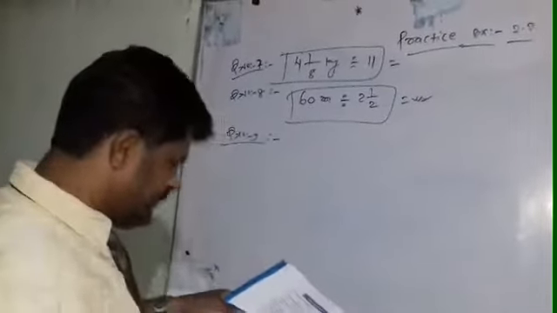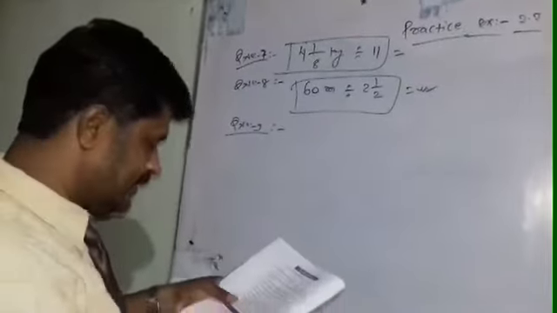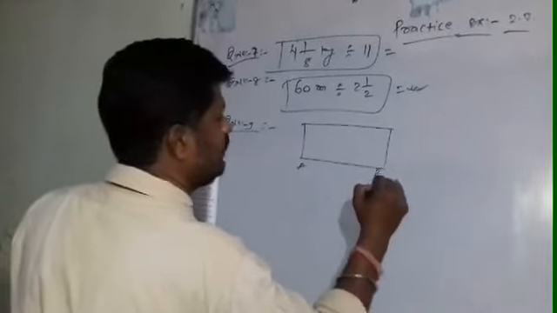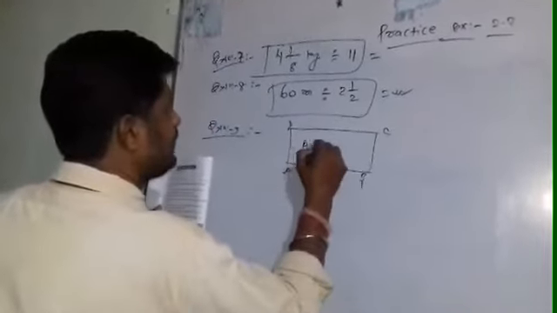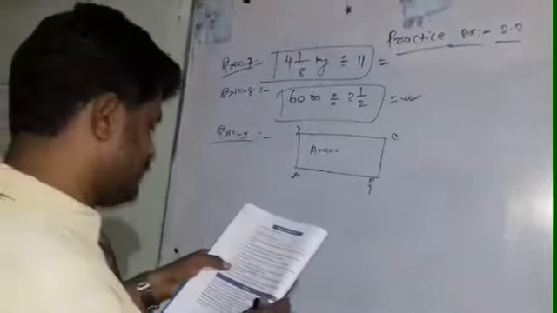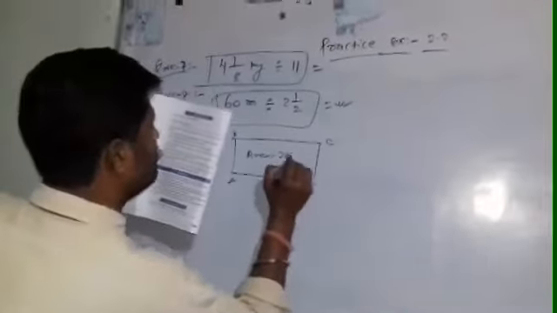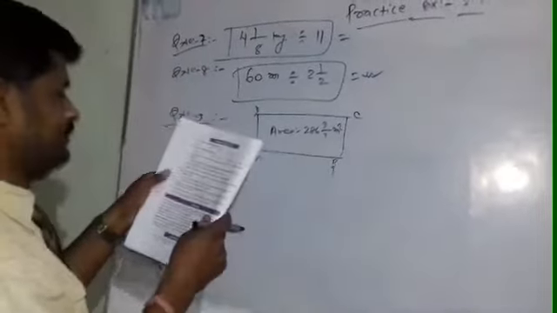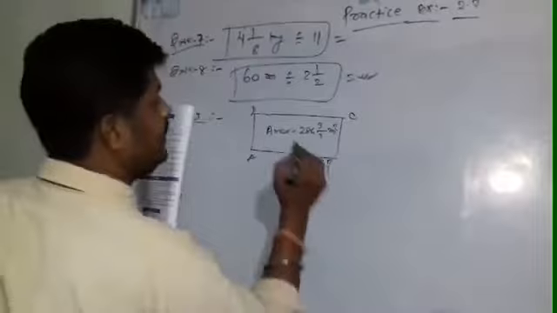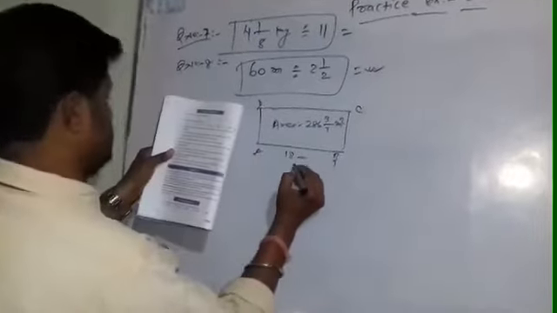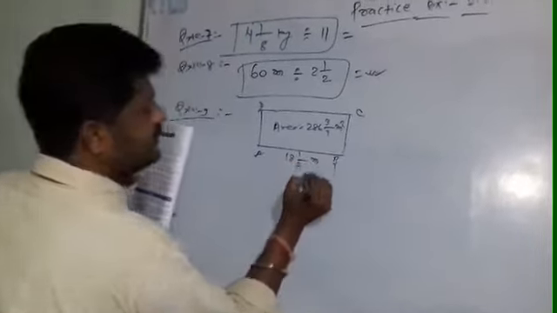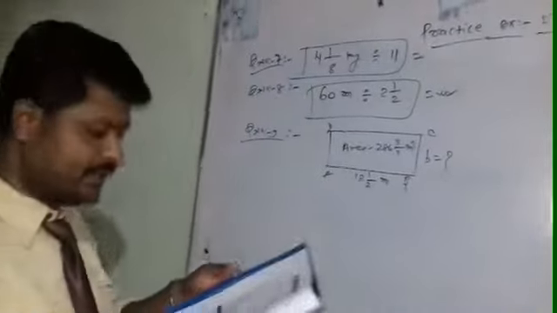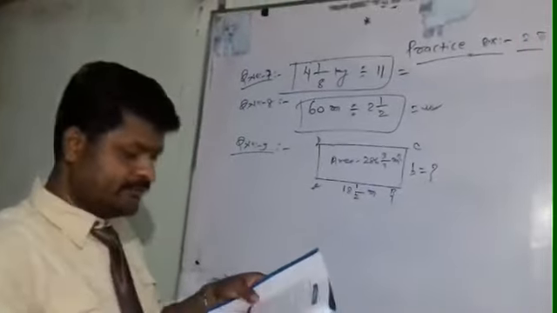Question number 9. The area of a rectangular field is 286 whole 3 by 4 meter square. That means this is a rectangular field, suppose ABCD. Its length is equal to 18 whole 1 by 2 meters, and you have to find the breadth of this rectangular field.